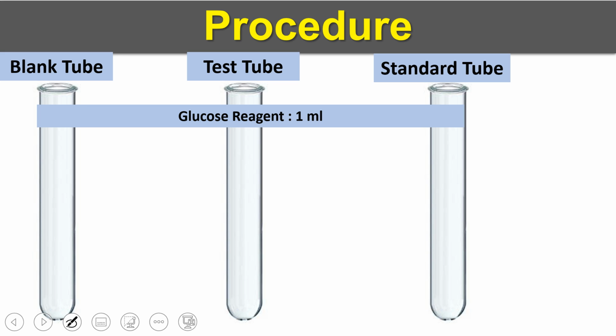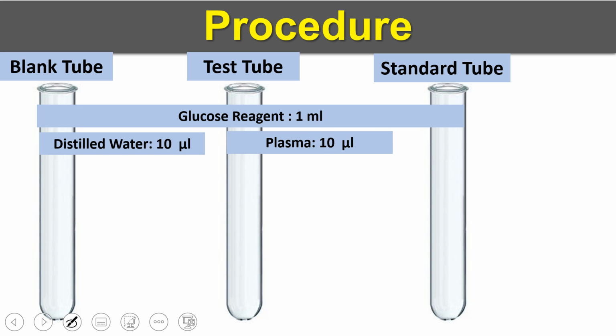So that reagent we keep, 1 ml in all three tubes. In the blank tube we put 10 microliter distilled water. In the test tube we put 10 microliter plasma or serum, and in the standard we put 10 microliter of glucose standard, which is 100 mg per dl.